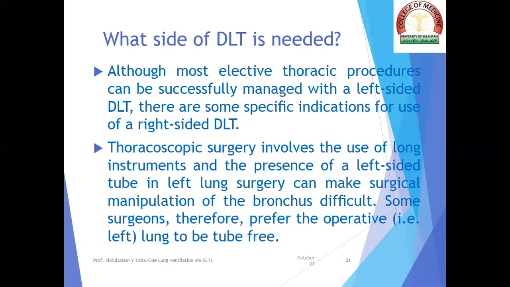However, there are certain situations in which the placement of a right-sided double lumen tube is mandatory, although it is difficult in practice. For example, in left-sided thoracoscopic surgery, the surgeon prefers to place a right-sided double lumen tube because the presence of a left-sided double lumen tube in the bronchus makes mobilization of the bronchus a bit difficult.